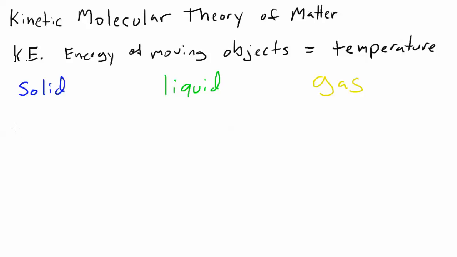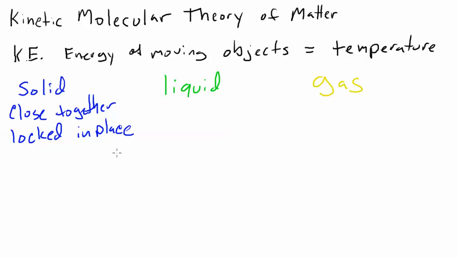Basically, how far apart are they? In a solid, the particles are very close together. I mean, they're basically touching. And what's really important about solid particles is that they are locked in place.